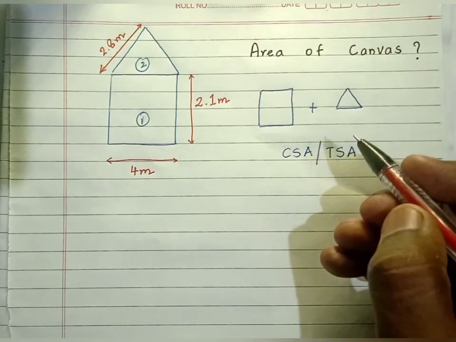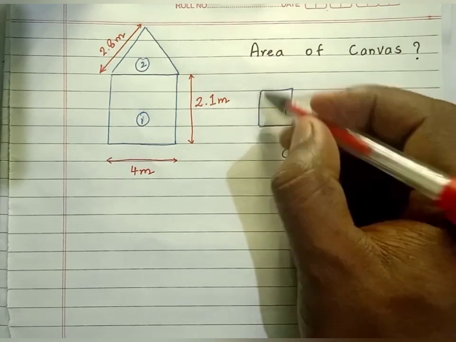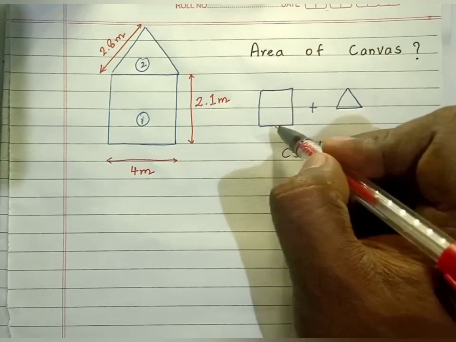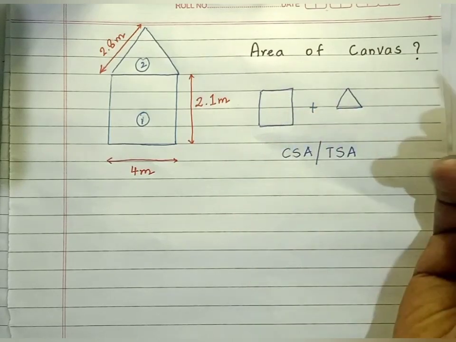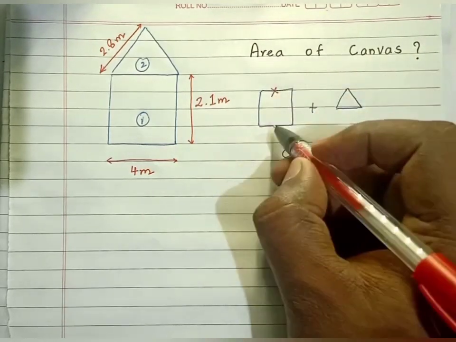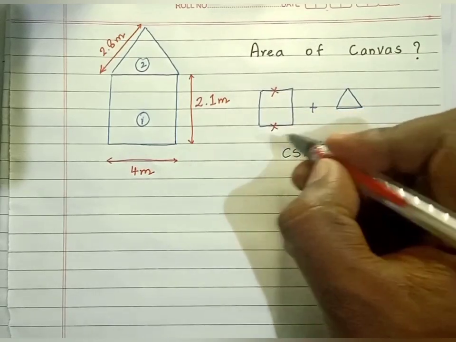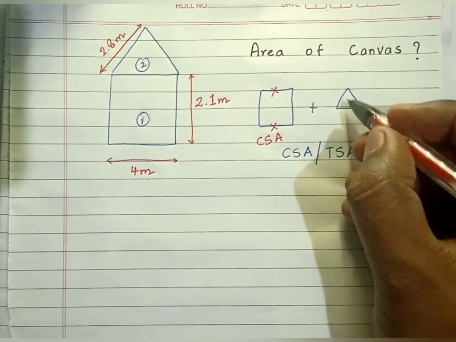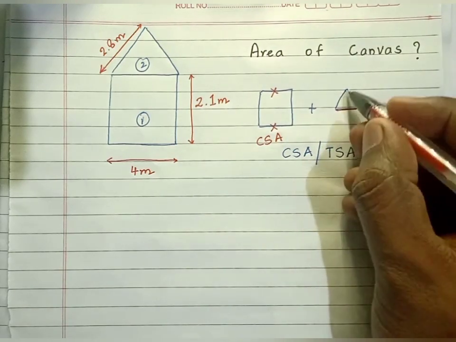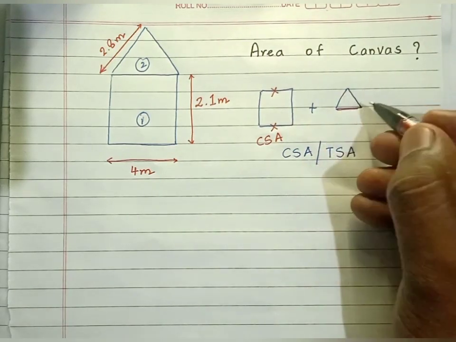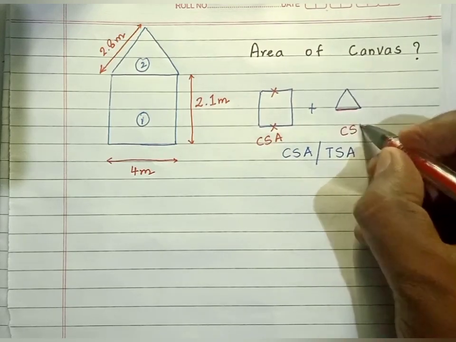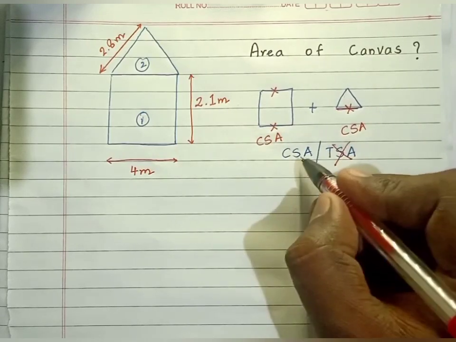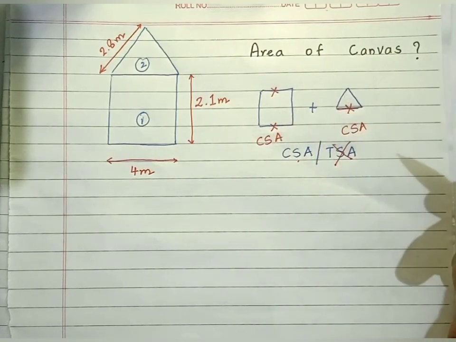Now if you observe the question, for the cylinder part, the top and the bottom portion are excluded. The canvas is not used for the top portion and bottom portion. If top and bottom are not involved, that means it is CSA. The same way, for the cone, the bottom portion is not involved. So for the cone also we need to find out CSA. Therefore, we need to find out CSA, not TSA.